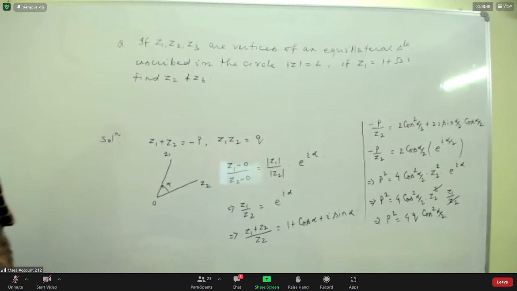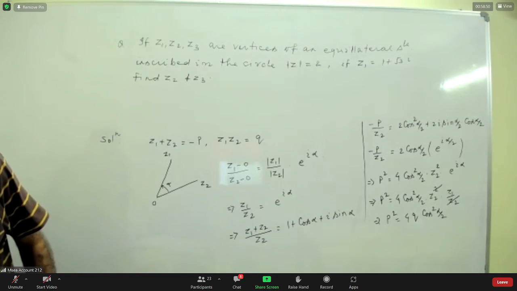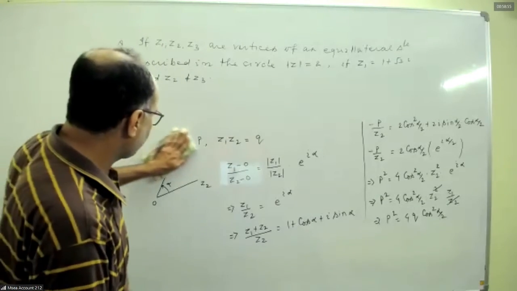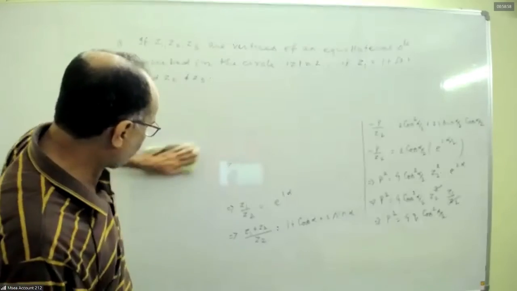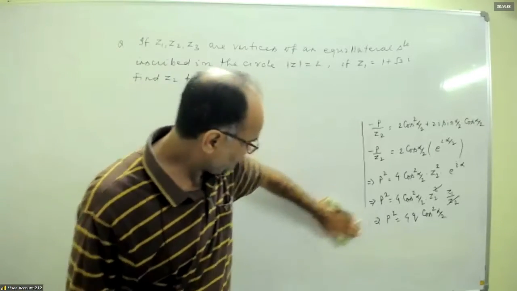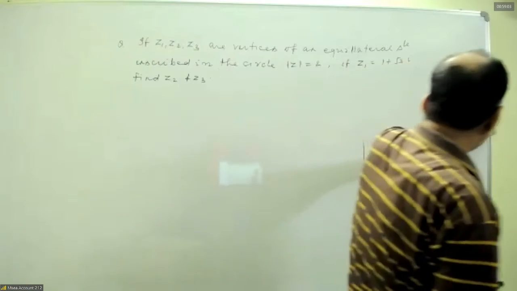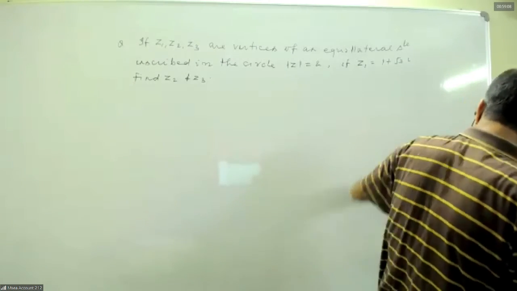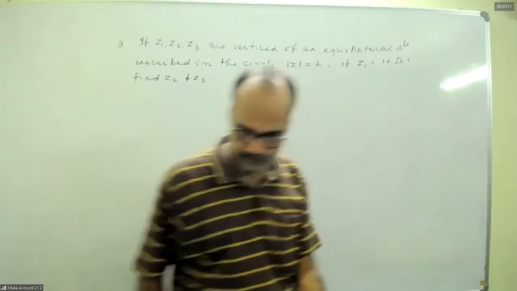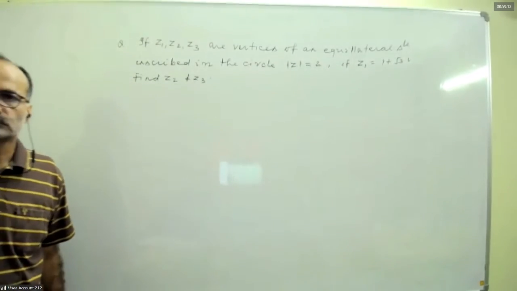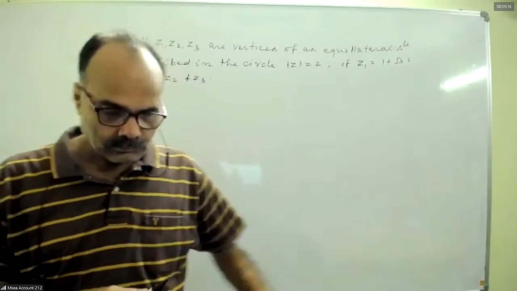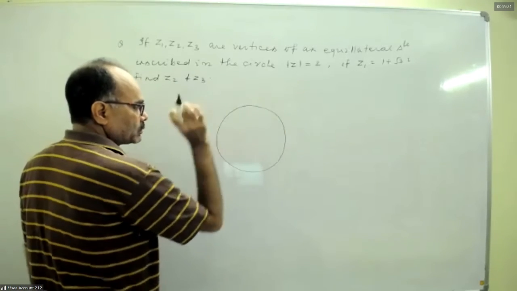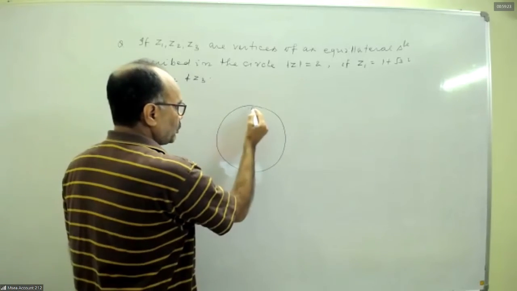Shall I give you a hint or you'll do it? This is a circle with radius equal to 2.